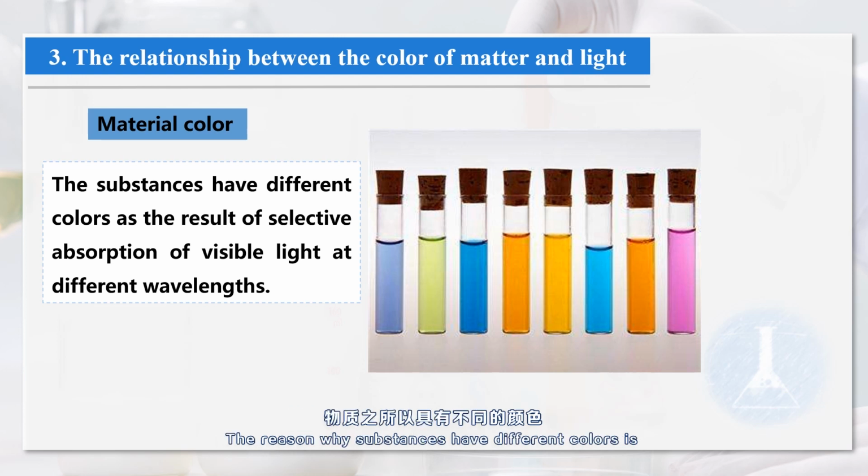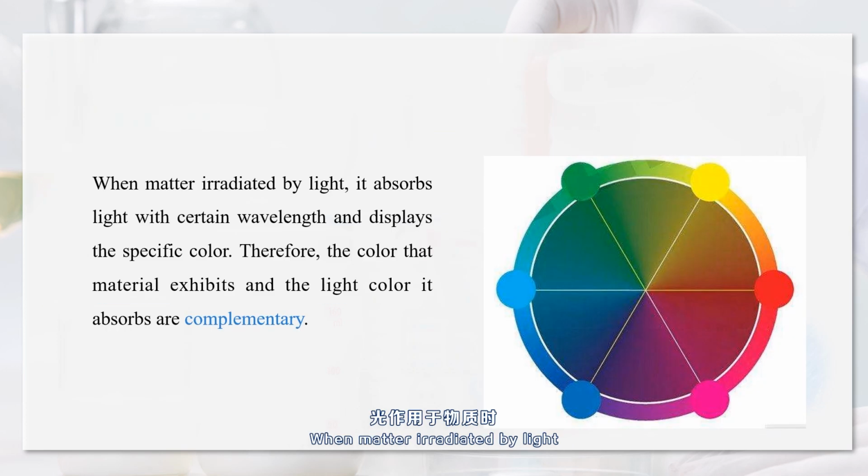The reason why substances have different colors is a result of selective absorption of visible light at different wavelengths. When matter is irradiated by light, it absorbs light with certain wavelengths and displays a specific color. Therefore, the color that the material exhibits and the light color it absorbs are complementary.